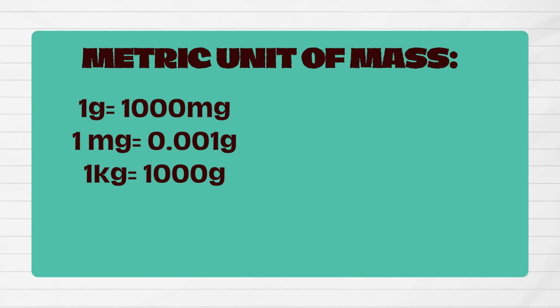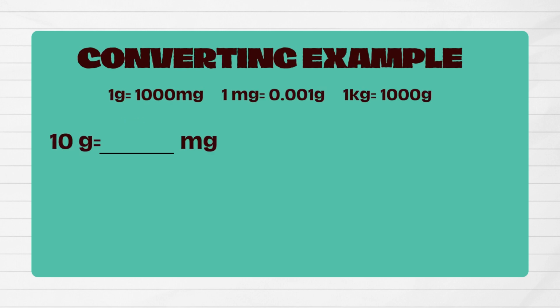So let us have an example of converting using these three. The first one is 10 grams is equal to blank mg. To solve for this, we are going to multiply the 10 grams by 1000 mg.